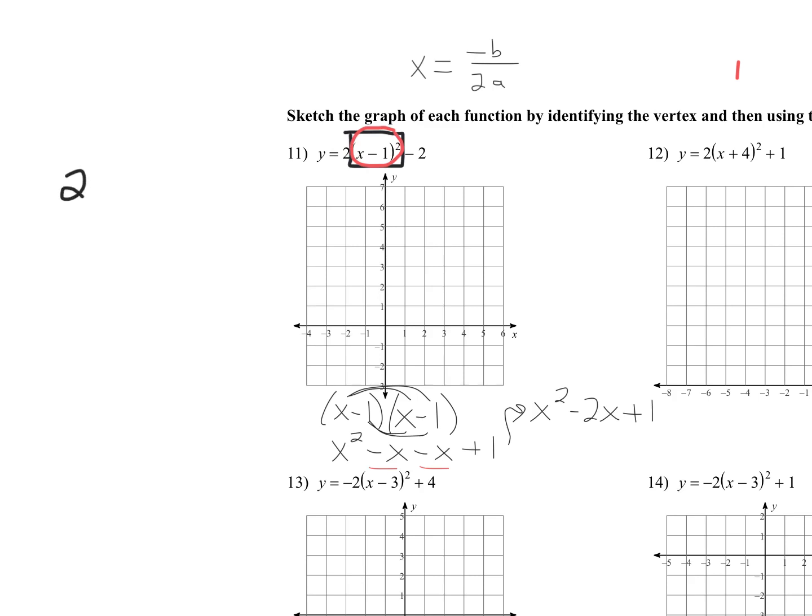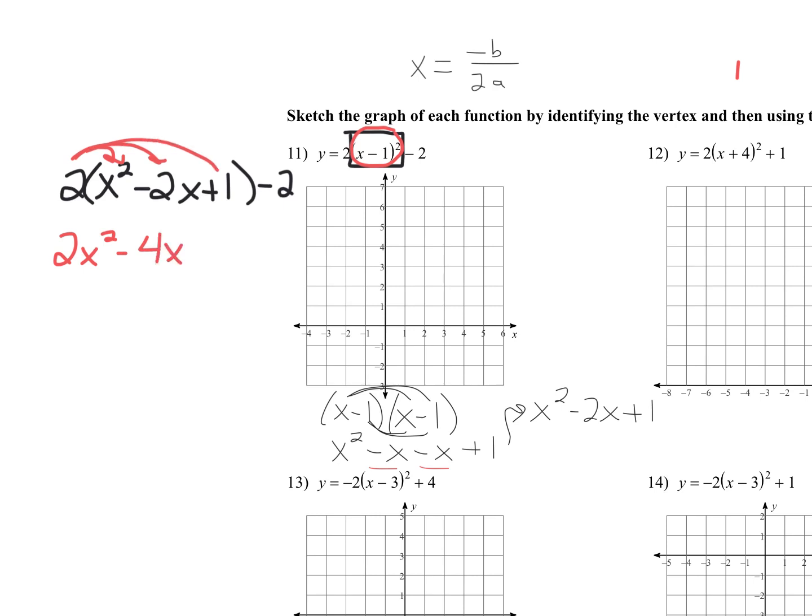So I have 2 times what I just got, x squared minus 2x plus 1, minus 2. What's my next step? Distribute. 2 times x squared, 2x squared. 2 times negative 2x, negative 4x. 2 times 1, 2.